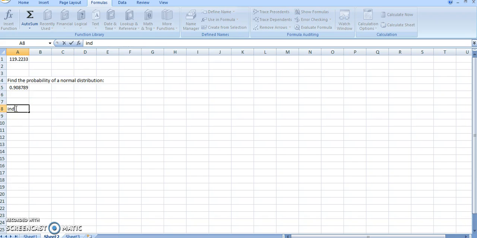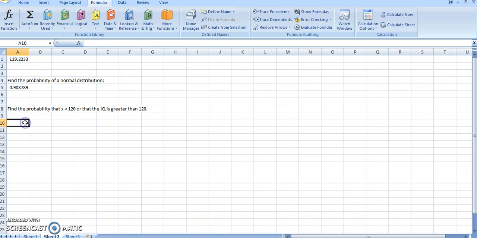If it's find the probability that x is greater than 120, or that the IQ is greater than 120, now you're looking at the information to the right. Since Excel is cumulative from the left, we use the complement. So first you would find the probability of that normal distribution and subtract it from 1.